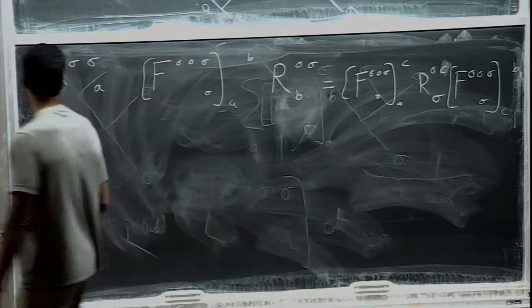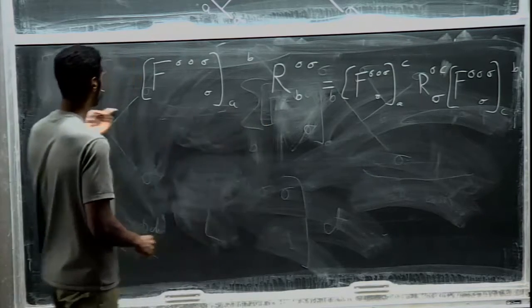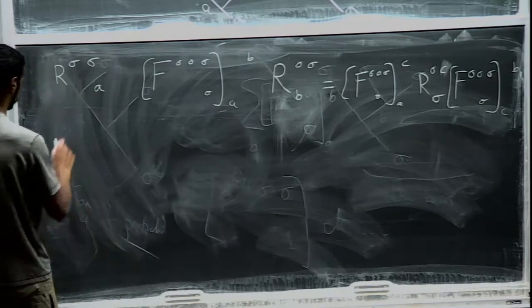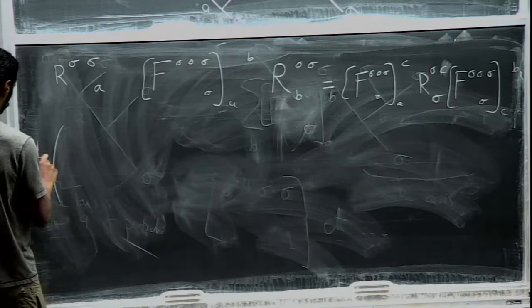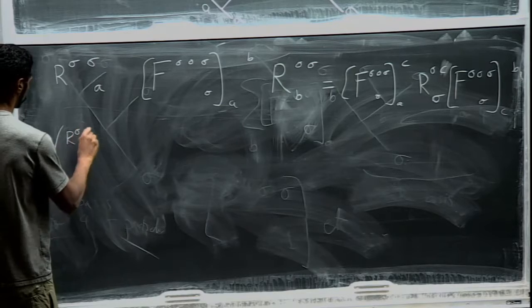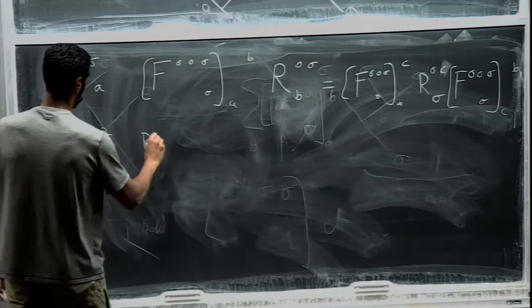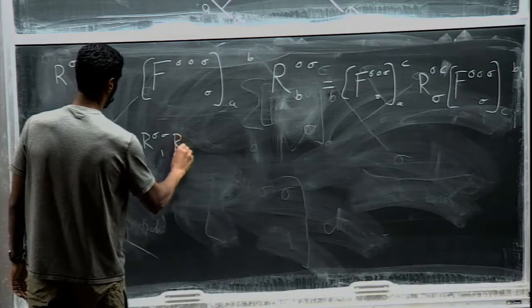So this is the hexagon. I can multiply out the right-hand side. Okay. So this looks like the matrix 1 over the square root of 2, R sigma sigma 1 squared, R sigma sigma 1.